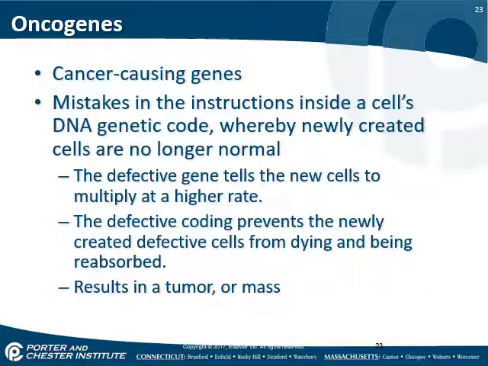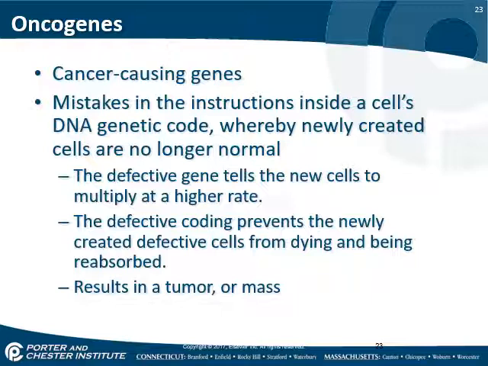And then we have oncogenes. So oncogenes are cancer-causing genes. And here there are mistakes in the instructions inside a cell's DNA genetic code. So newly created cells are no longer normal. The defective gene tells the new cells to multiply at a higher rate and to keep multiplying defectively.